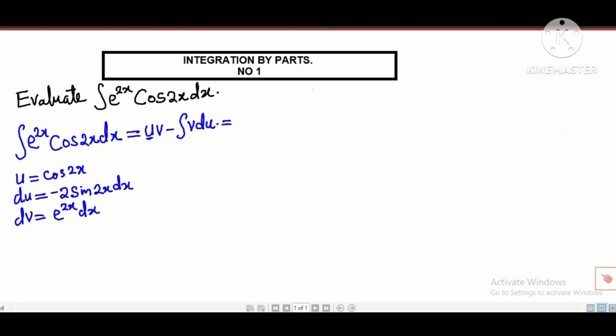Now, once you have dv, you need to integrate both sides to get v.